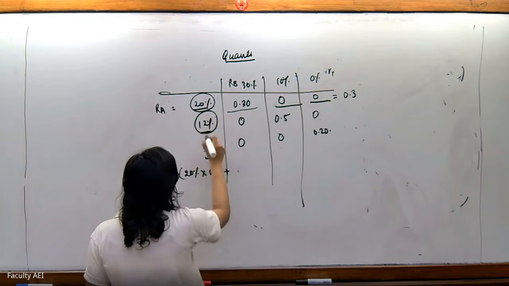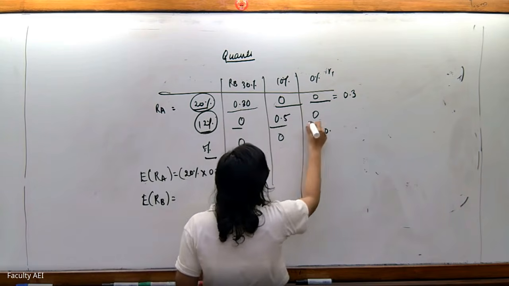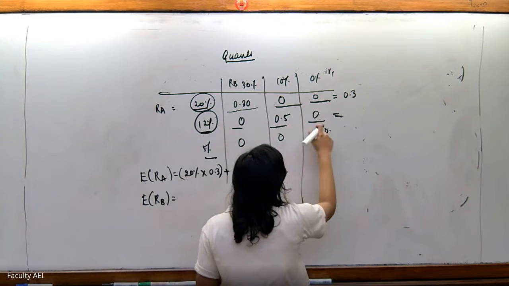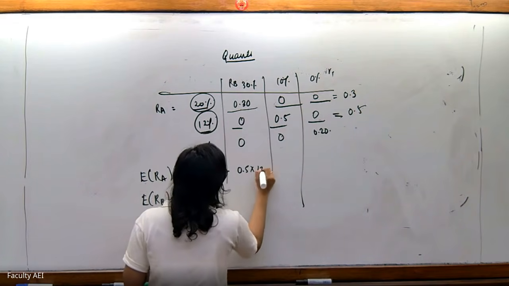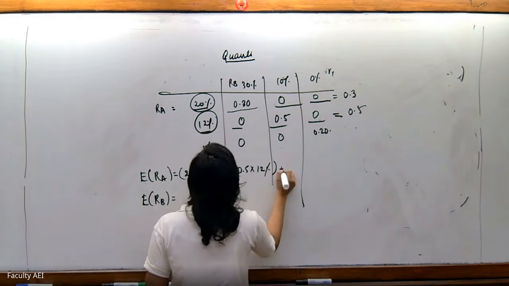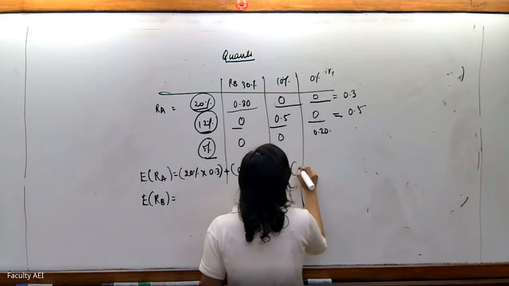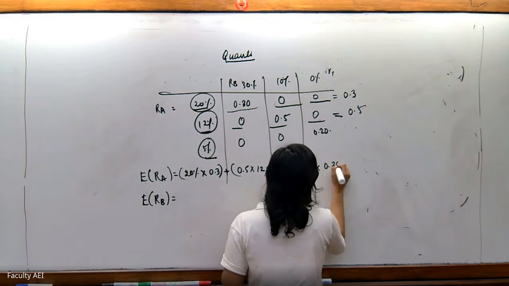Then you have 12% return for asset A. The probability is 0.50. So it is 0.5 into 12%. Then it is 5% into 0.20.